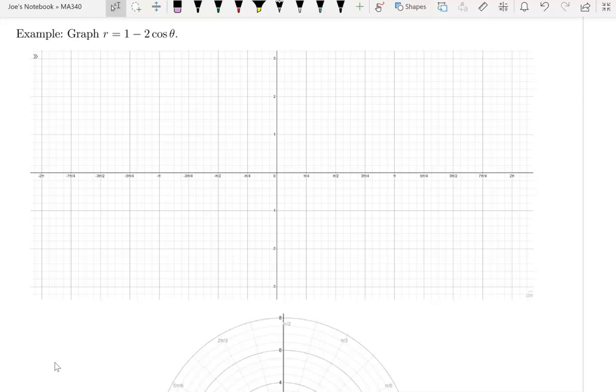And then the 1 out in front will do what? What's the 1 out in front do? Yeah, the vertical shift up 1, right? So instead of going from -2 to 2, it'll go from -1 to 3, because everything's going to get shifted up. And instead of being up, down, and up, it'll be down, up, and down this way, right?